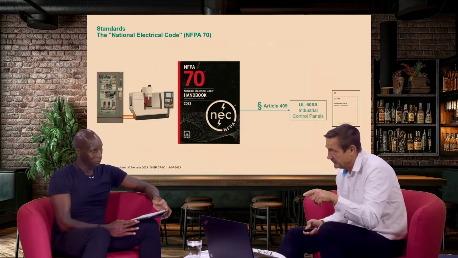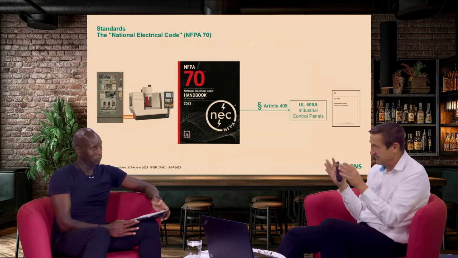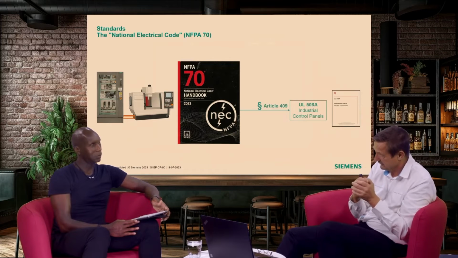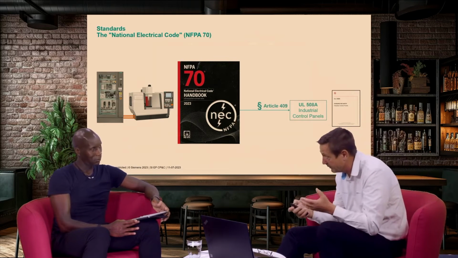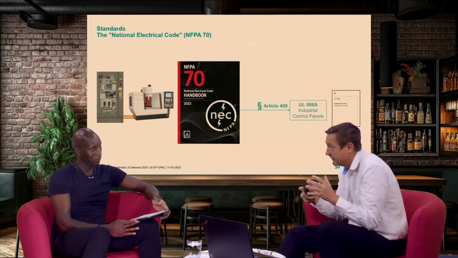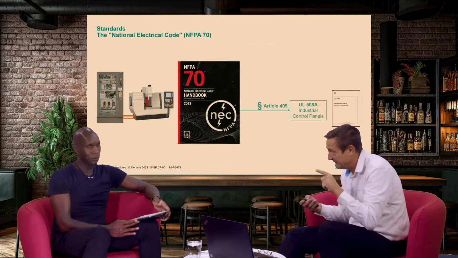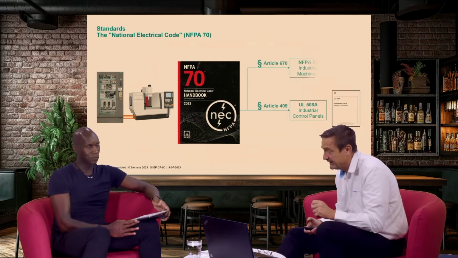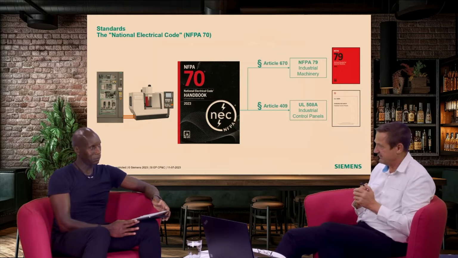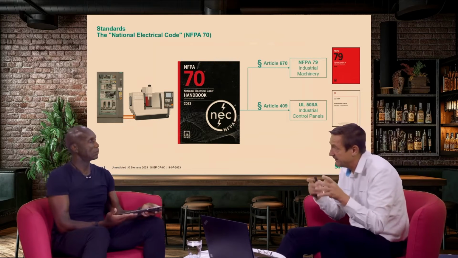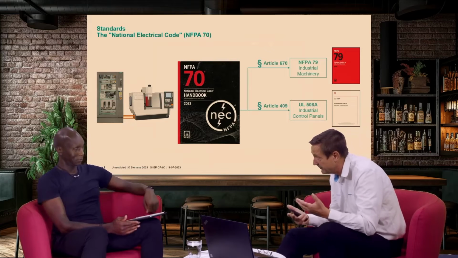And now it makes no sense to only have a detailed look at the industrial control panel. It is also important that the industrial machinery is safe. If you look now in the NEC again, then you see in Article 670 that the NEC also gives you an advice, an information note.